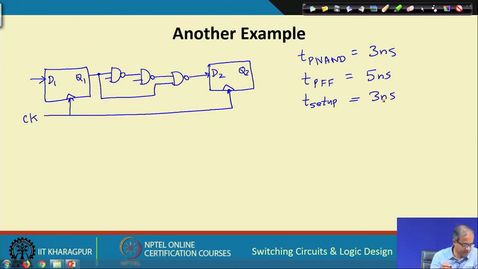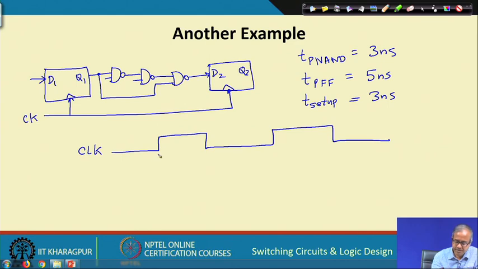So, for this circuit, if you just look into the timing once more, I am showing 2 clocks like this, these are the active edges. If I look at Q 1, when the clock edge comes, the propagation delay is 5 nanoseconds.